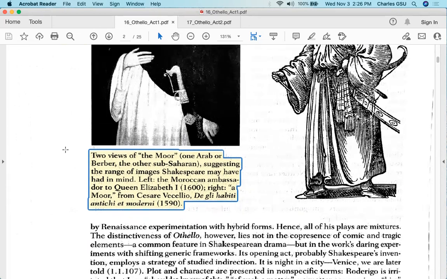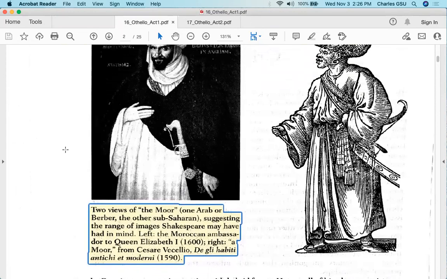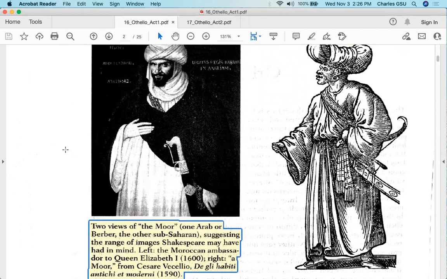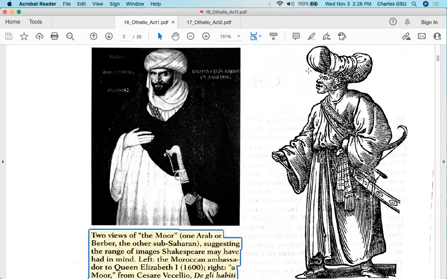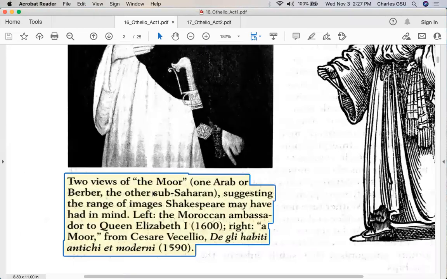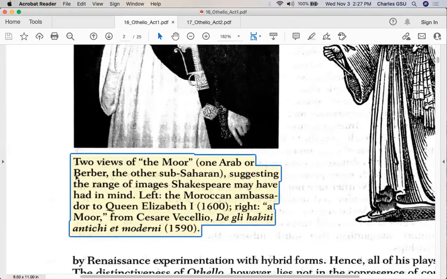And so we know that Othello is a Moor, but it was not certain that, as depicted in this kind of almost caricature woodcut on the right, Othello is Black or African. He could have been, as the image on the left shows, from somewhere in the Middle East with a lighter complexion, because a Moor at the time, as it says here, could be an Arab or Berber.